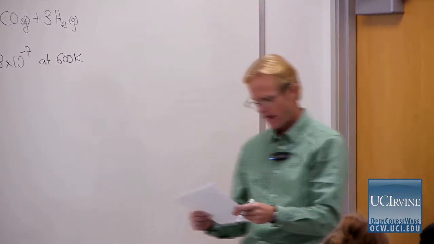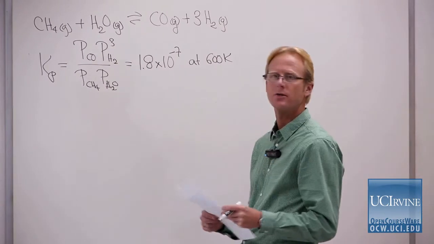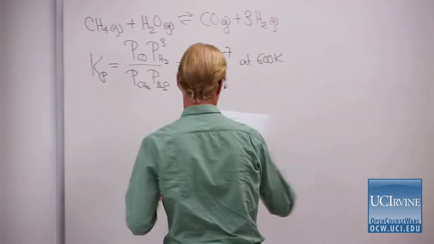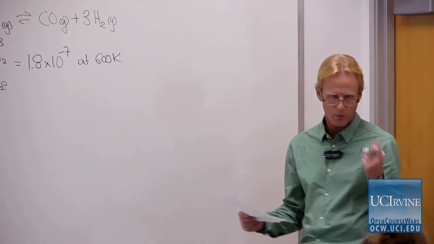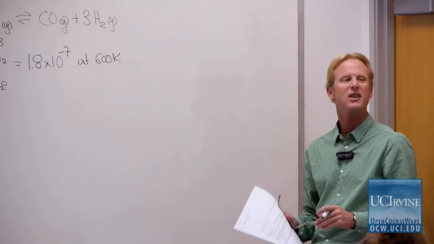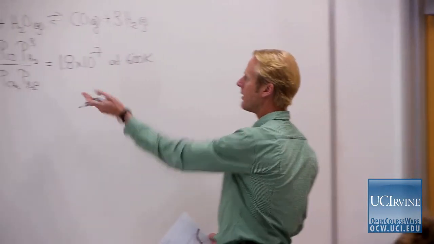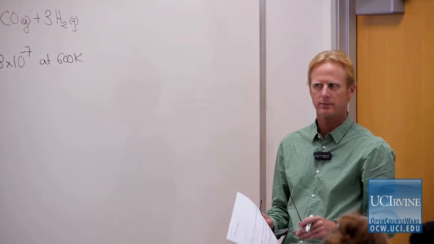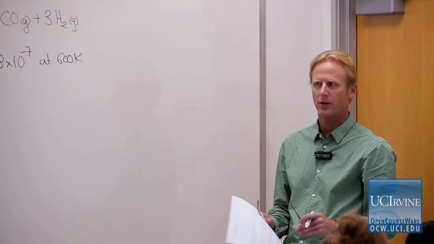All right, so what I want to do now is we'll solve a particular problem corresponding to some given initial pressures of methane, steam, and carbon monoxide. Now, when we want to set up an equilibrium calculation, what's one of the procedures that we've learned in general chemistry that helps us to write down the law of mass action in terms of some unknown concentration or pressure? We have a table that we make.